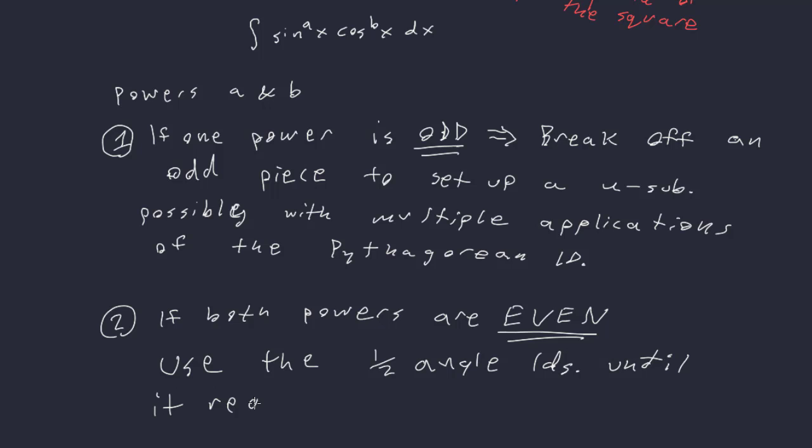And again, I can probably better show this through an example. So we'll just use a bunch of half-angle identities until it reduces down into an integrable form.